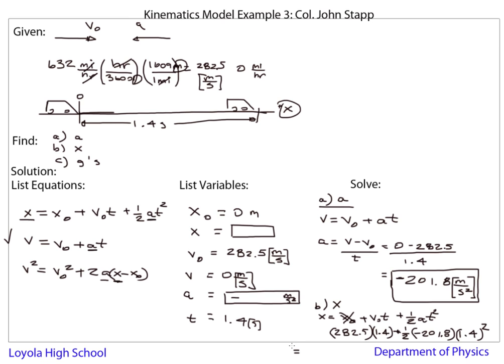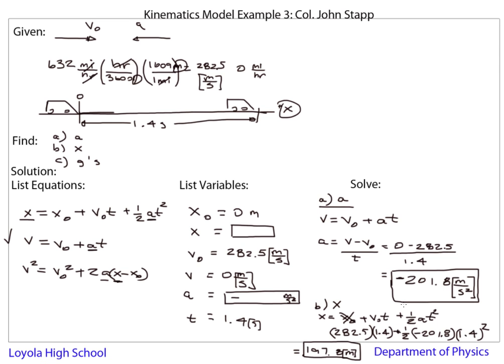And I get an answer of 197.8 meters. It's about 200 meters, which is a pretty far distance for stopping. But considering that he's going 282 meters per second and stops in 200 meters, it's actually pretty amazing that he can come to a stop in such a short distance.